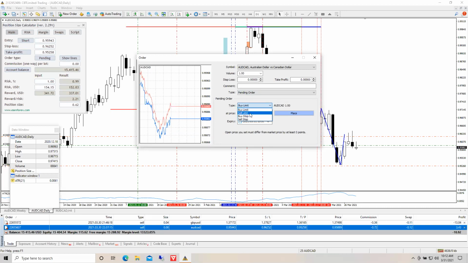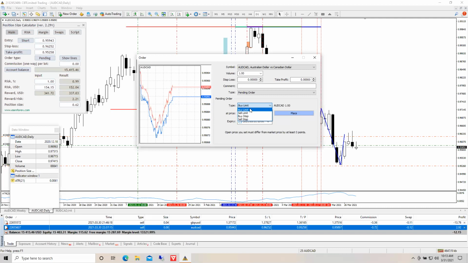So limit orders are, in fact, quite unique. They are separate. In terms of recognizing differences in order types, we've said that market execution and stop orders are very closely related, the only difference being that a stop order is a pending market execution, whereas a limit order is another baby altogether.